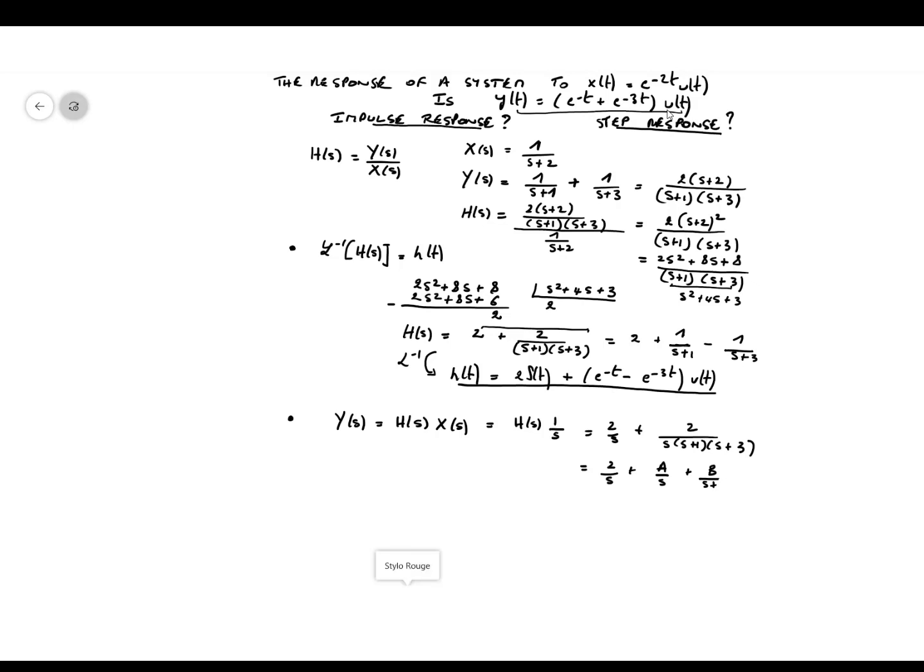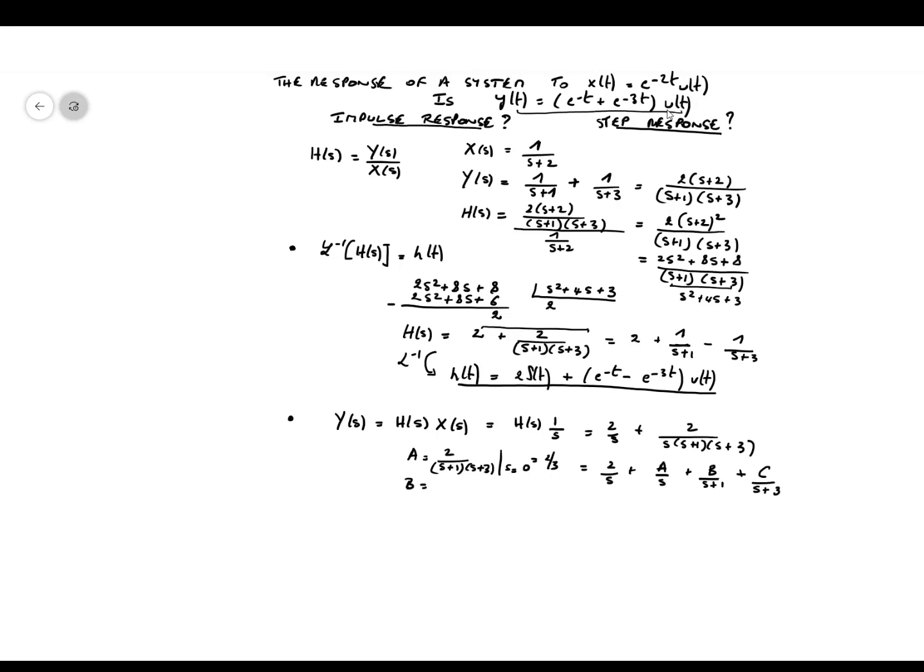So we can rewrite this as a over s plus b over s plus 1 plus c over s plus 3, right? So a is 2 over s plus 1, s plus 3, evaluated in s is equal to 0. So this is 2/3.